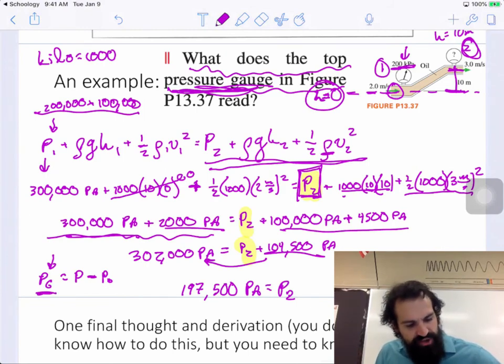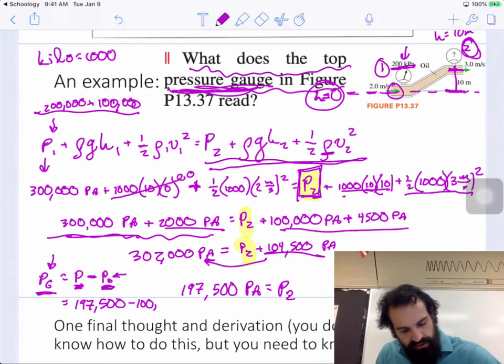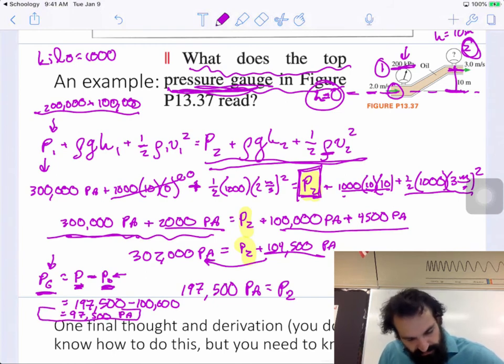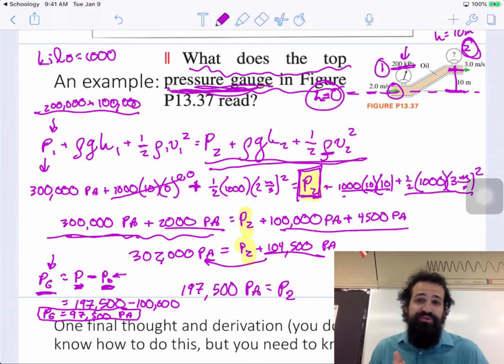To find the gauge pressure, it's the pressure of the fluid minus the atmospheric pressure. So that would be 197,500 pascals minus the 100,000 pascals of atmospheric pressure. And that should leave you with the gauge reading of 97,500 pascals. So that's the gauge pressure at location 2.